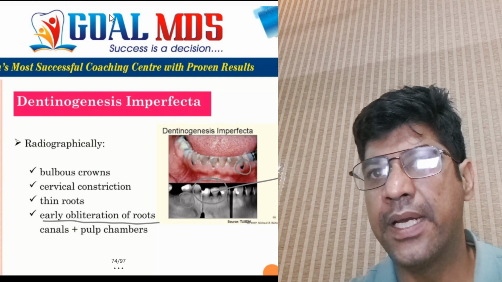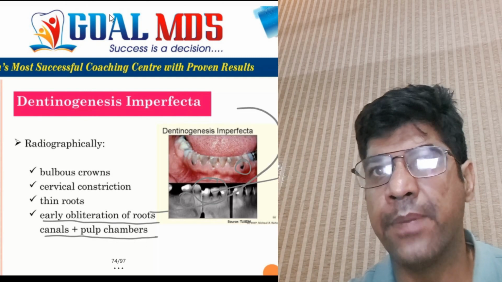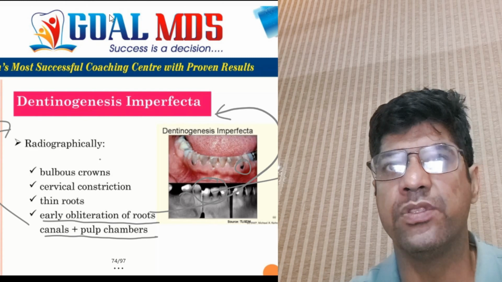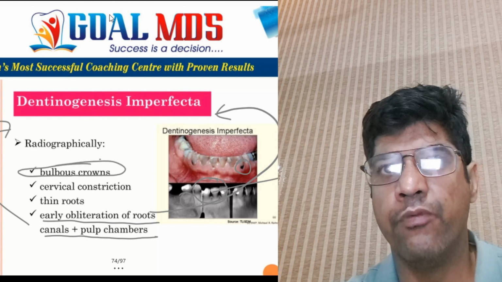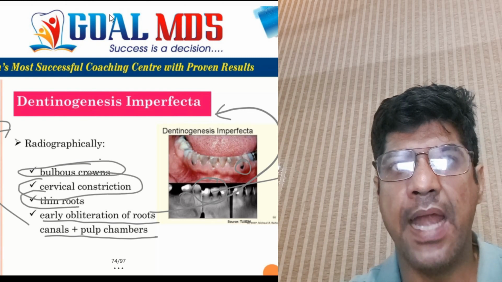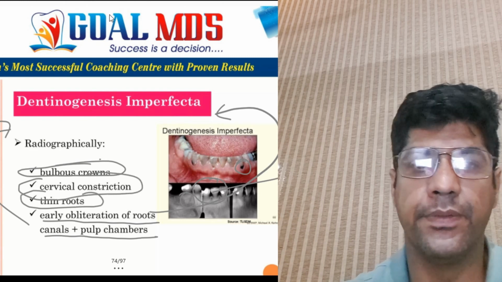The early obliteration of root canals and pulp chamber is a feature of dentinogenesis imperfecta. The crown would be bulbous, there will be cervical constrictions and the appearance of thin roots.